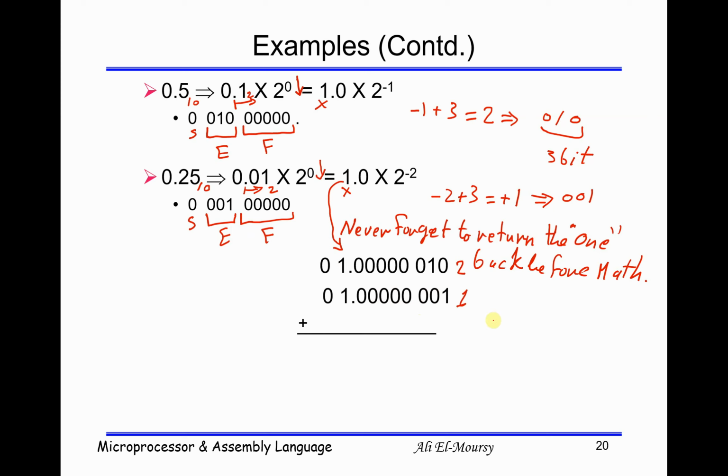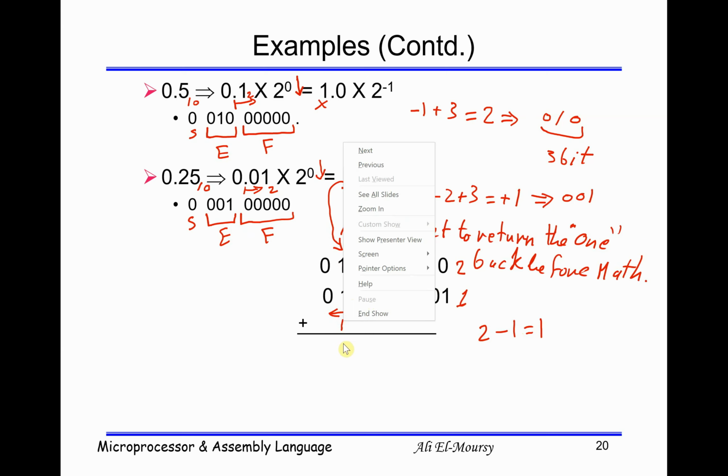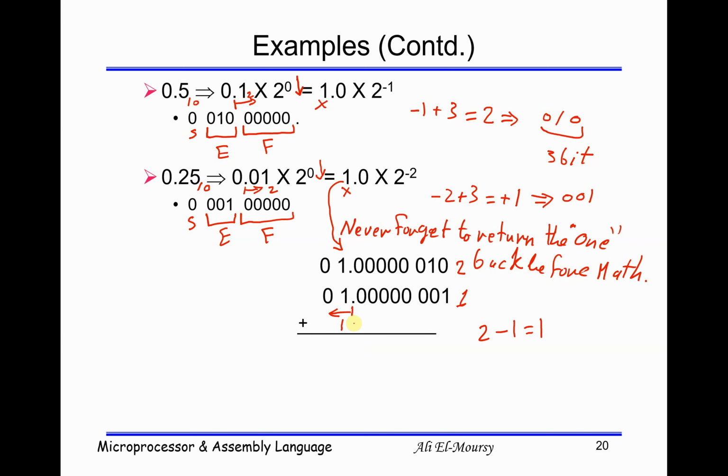So 2 minus 1 equals 1. That means the number with the smaller exponent should be shifted. The binary point should be shifted to the left for one place. Accordingly, the exponent should be incremented by 1 to have an equal exponent.